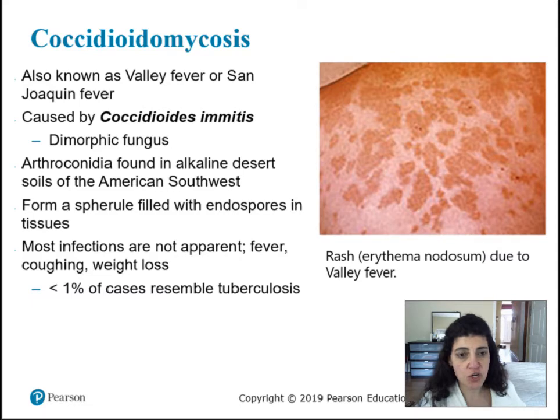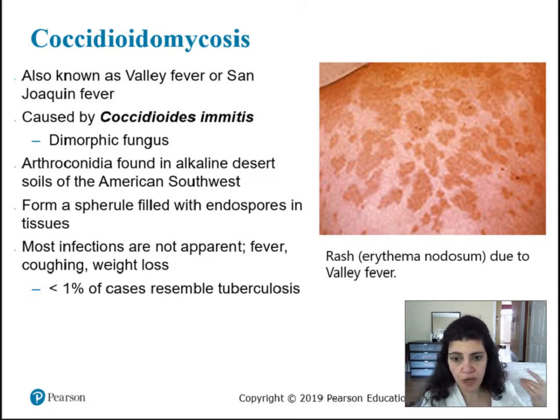Most infections are not apparent, but you can see fever, coughing, and weight loss in the symptomatic cases. You also have symptoms like headache, night sweats, muscle ache, joint pain, rash on upper body and legs, and this is how the rash, the erythema nodosum, looks. And it can be severe in 5 to 10% of people who get valley fever, with long-term problems in the lungs after that.